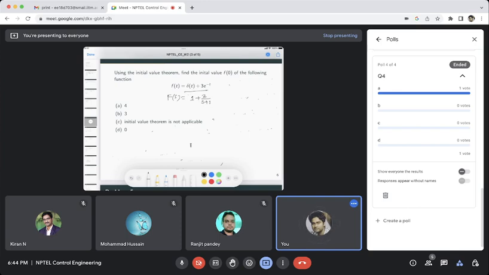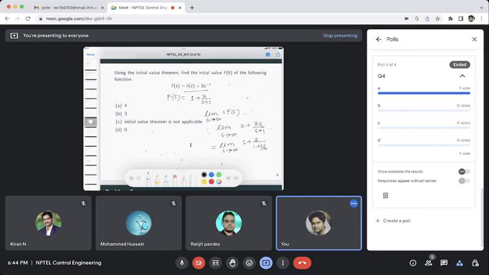If we want to apply the initial value theorem, we take the limit as s goes to infinity of s F of s. If I multiply by s, it will be s plus 3s by s plus 1, which I can also write as the limit as s goes to infinity of s plus 3 by 1 plus 1 by s.